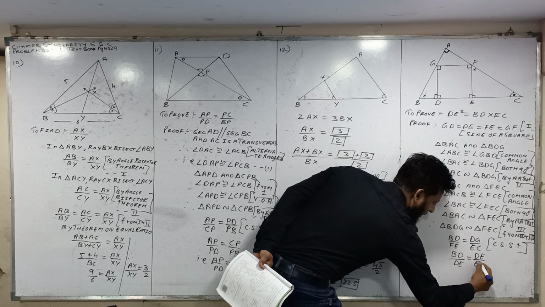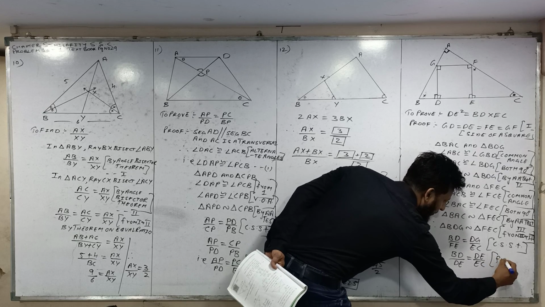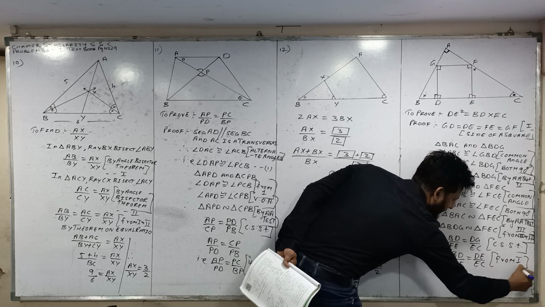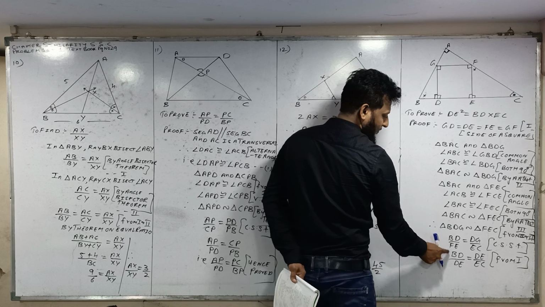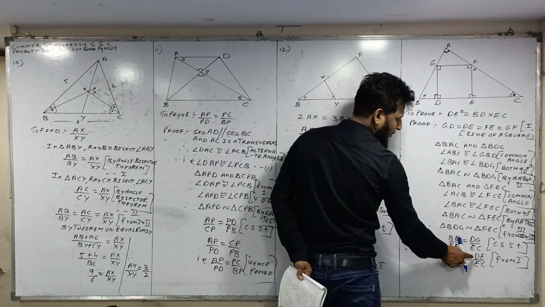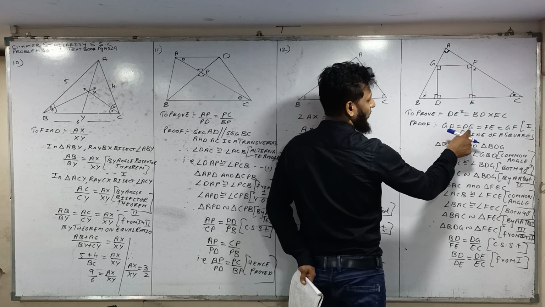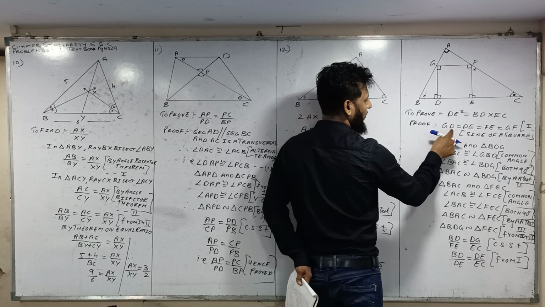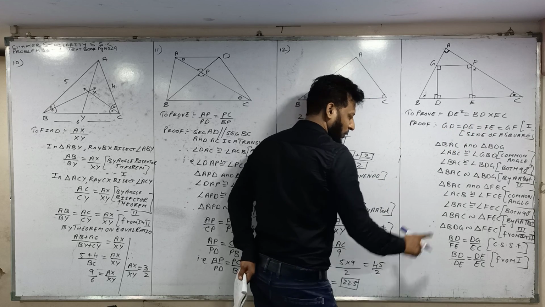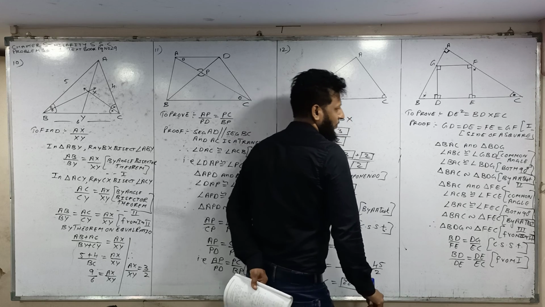Now EC as it is. From 1 you get this value. For FE you can write DE, and for DG you can write DE. So DE is equal to FE and DE is equal to DG also from 1. Now cross multiply.